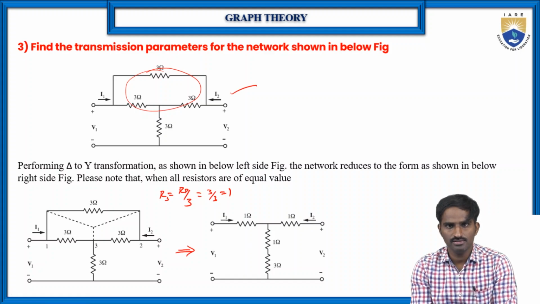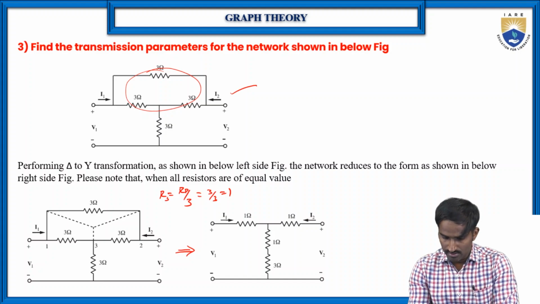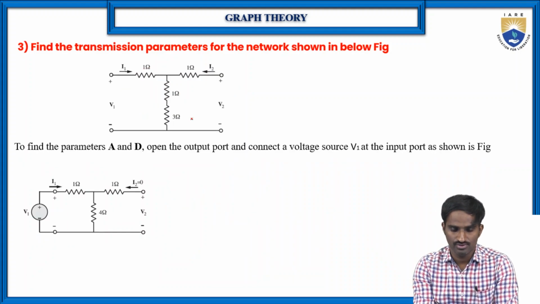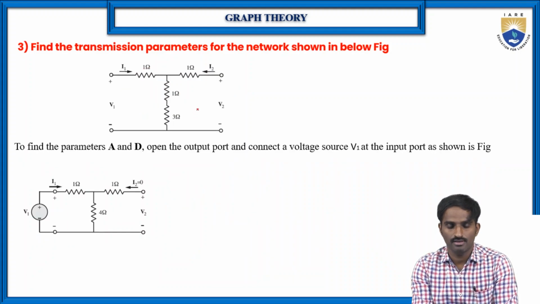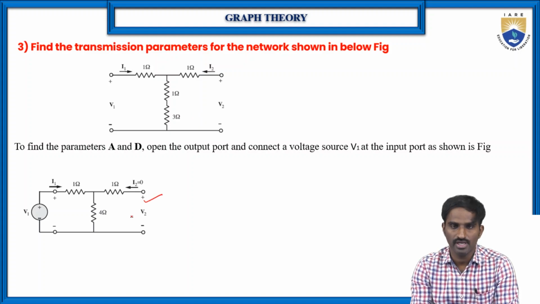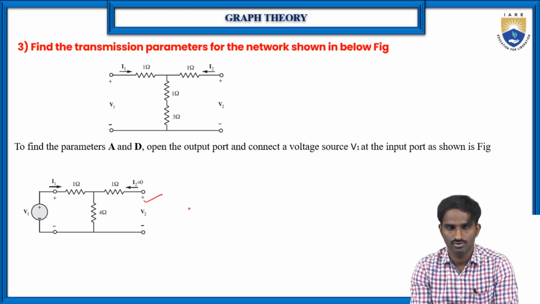Then again after this, the same as usual, because this network is similar to the first problem that we discussed in today's class, right? So of course same way, you just apply the open circuit at output terminals. So by making I2 equal to 0, we can find A and C parameters, right?